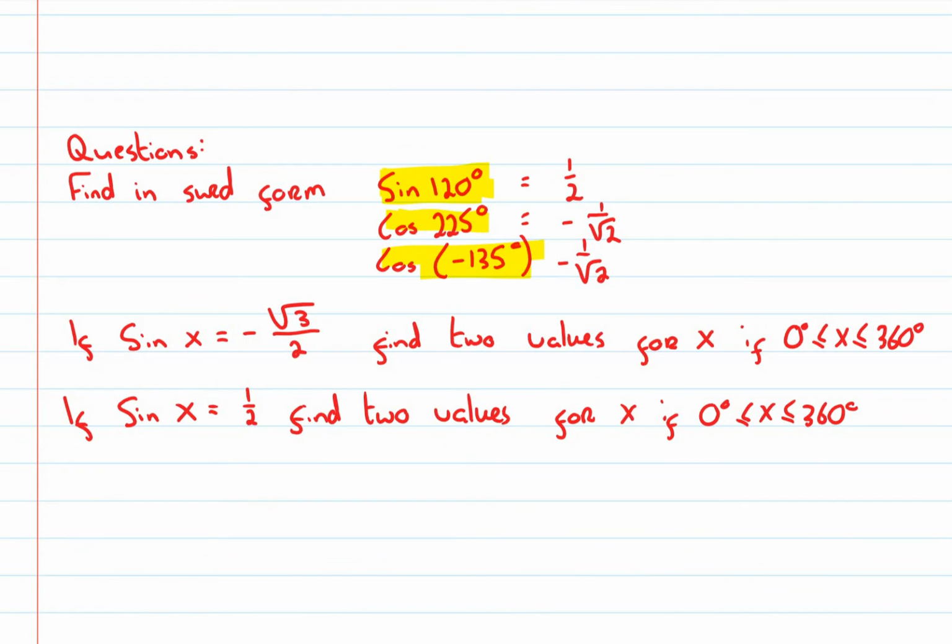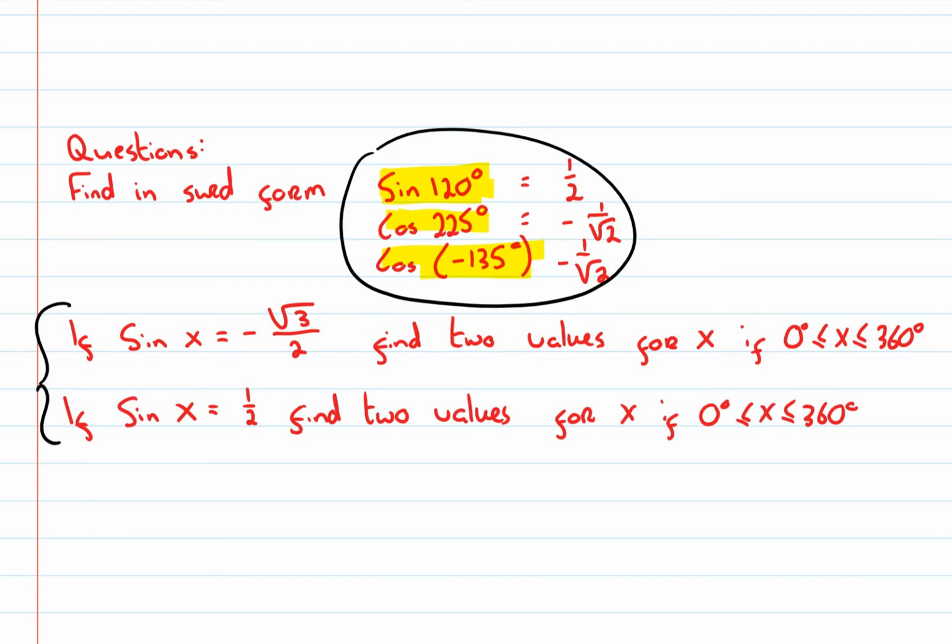Lastly then, we have these two questions, which are kind of just the opposite of these. So the first one: if sine x is minus square root of 3 over 2, find two values for x, if x is between 0 degrees and 360 degrees. Generally we're going to get two values for these.